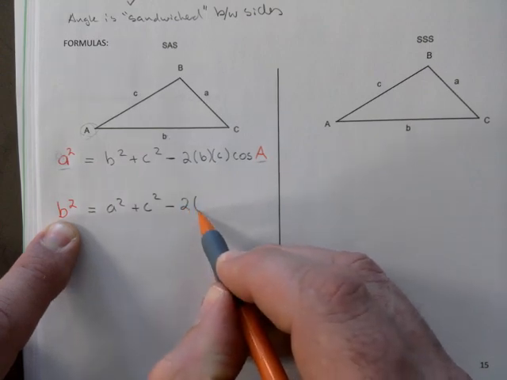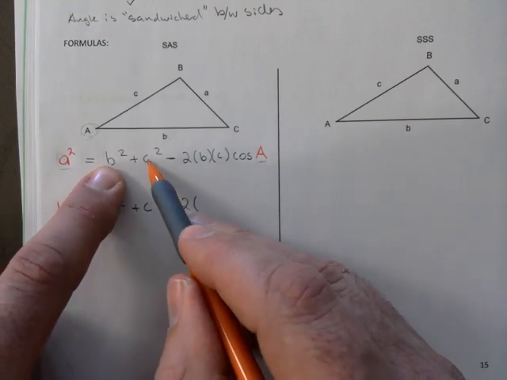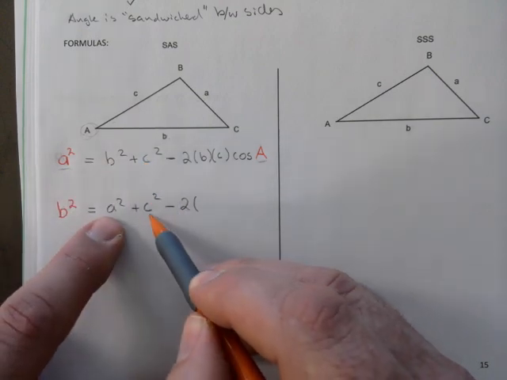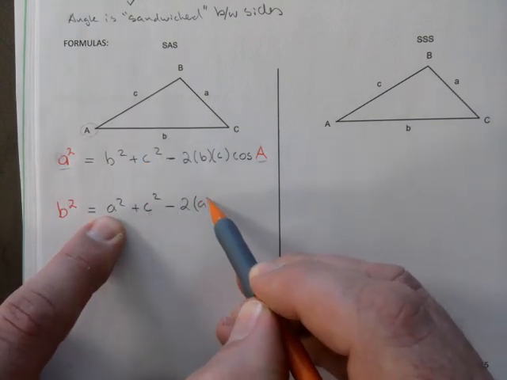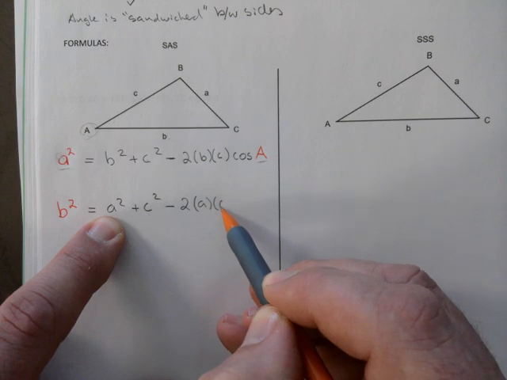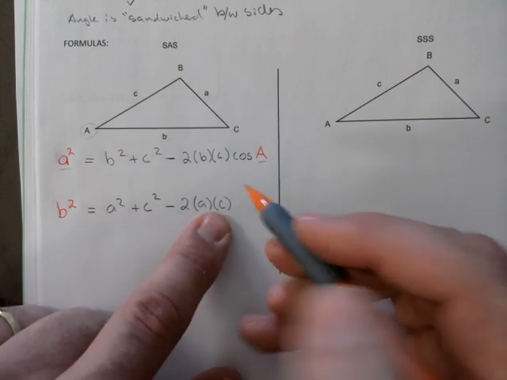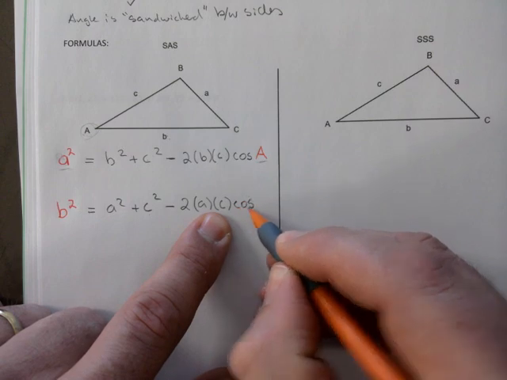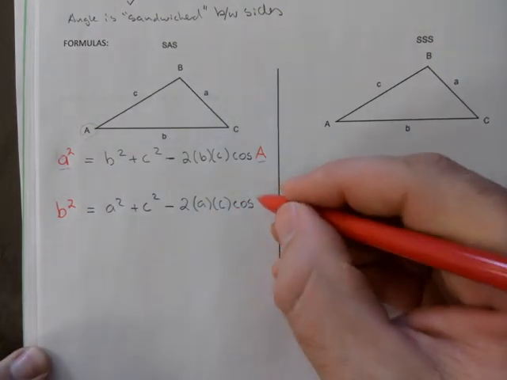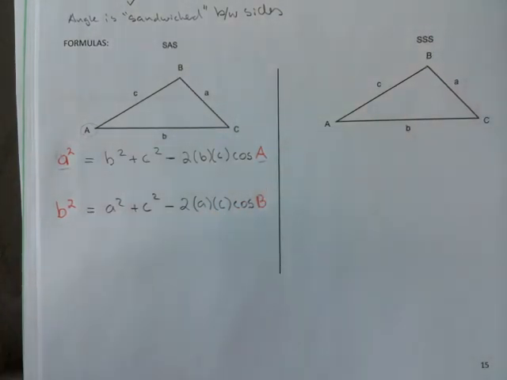You see the pattern? Earlier it was 2 times B times C, right? Now it's going to be 2 times A. Make sure you get these right. 2 times A times C times cosine of angle B. There you go.